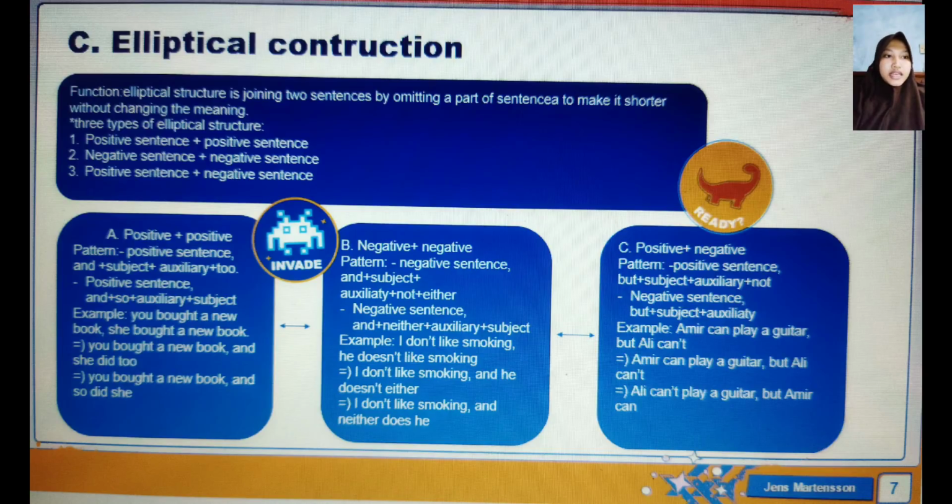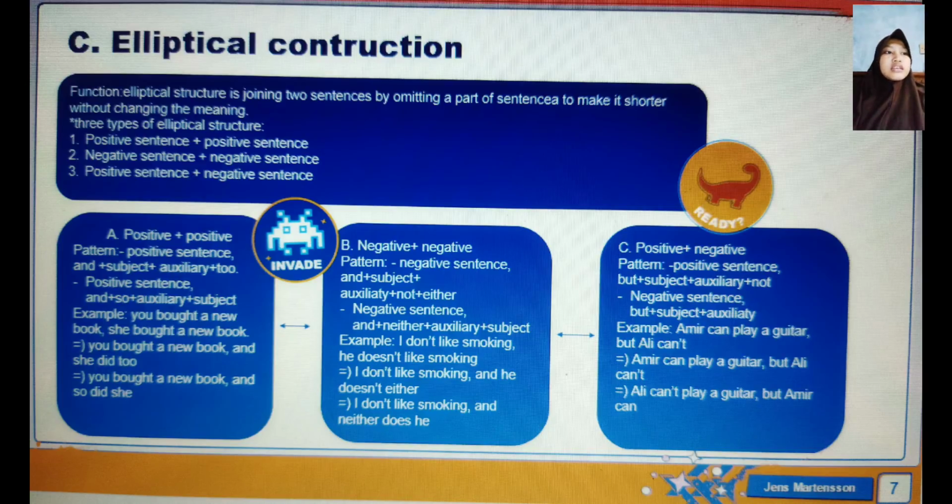The example sentence is: I don't like smoking, he doesn't like smoking. One is, I don't like smoking and he doesn't either. And two is, I don't like smoking and neither does he.